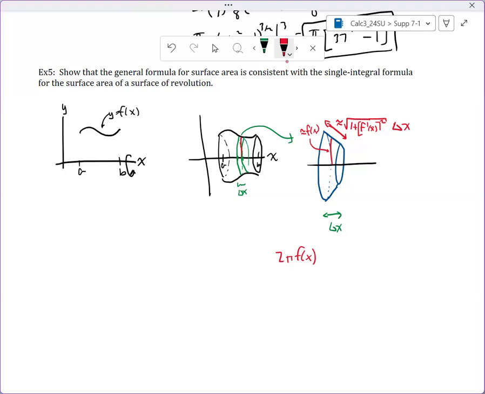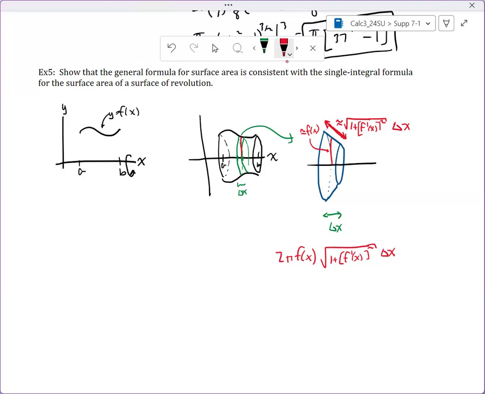And here, if I cut this little, say, ribbon of paper and laid it out flat, the height, so to speak, in this direction would be this here, root 1 plus f prime of x squared delta x. So this is the approximation to the little chunk of surface area that we got from this slice.